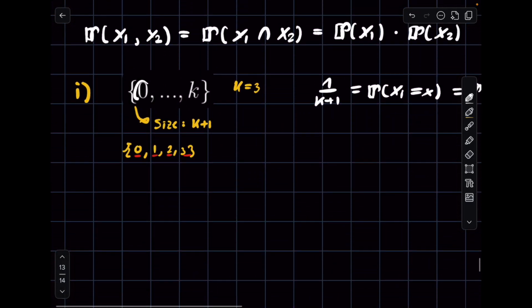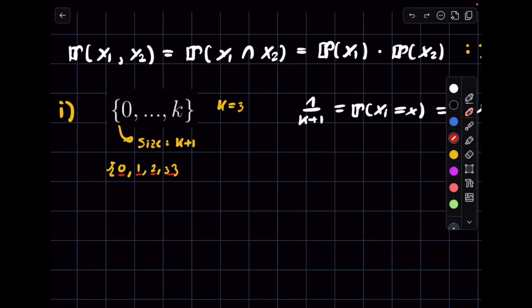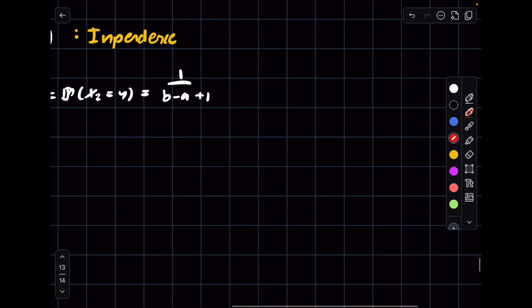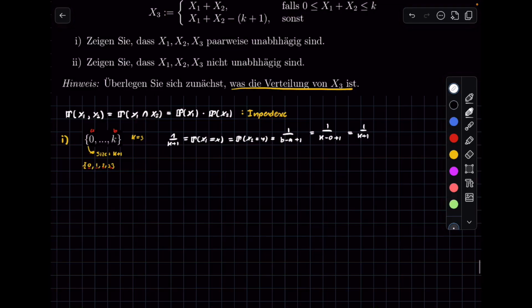In this case, it's from 0 to k, so b is k and a is 0. So it's equal to 1 over k minus 0 plus 1, which is just 1 over k plus 1, right? That's the first part that we needed in order to start finding our probability.